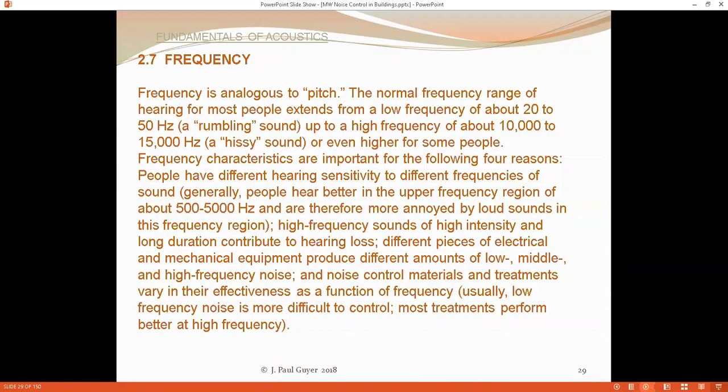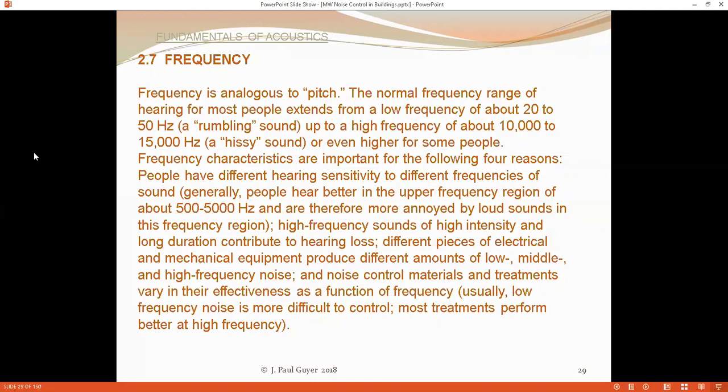And of course, in building design, that's what we're concerned with as humans. So the human ear perceives sound between around 50 to 15,000 hertz. And in the 500 to 5,000 part of the spectrum, the human ear and brain are most sensitive to sounds of those frequencies.